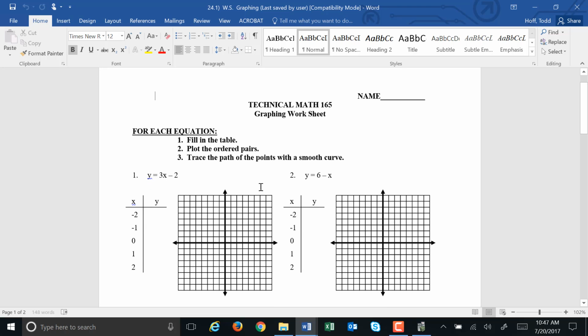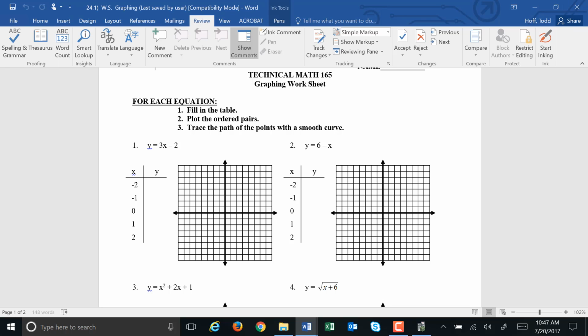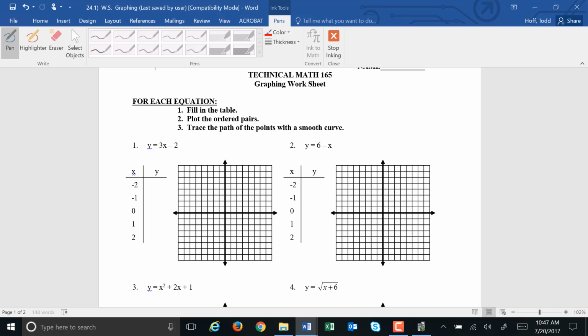So if we have something like this here, where we have an equation, and I actually gave you values for x to use here to see if you can graph them. These first two here are actually pretty simple. If x is negative 2, what's y have to be here?